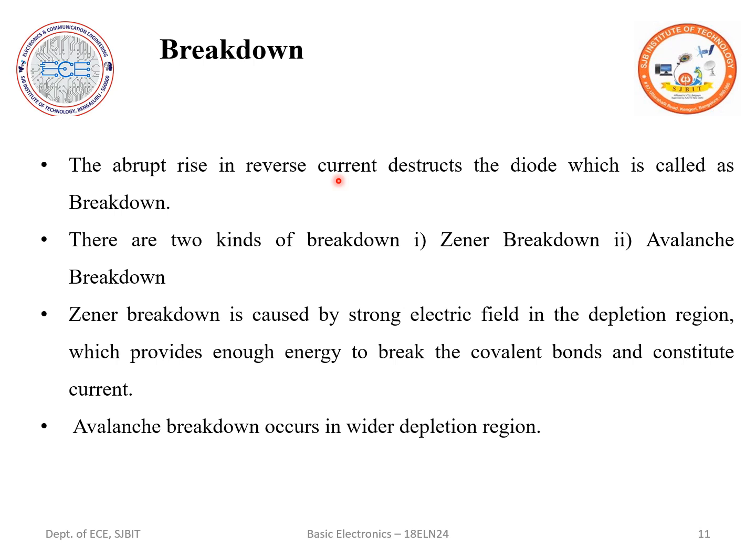As we further increase the reverse voltage, there is a possibility of the device getting damaged, and that point we call breakdown. There are two kinds of breakdown: one is Zener breakdown and the other is avalanche breakdown. Zener breakdown is caused due to the strong electric field in the depletion region, whereas avalanche breakdown occurs in the wider depletion region.